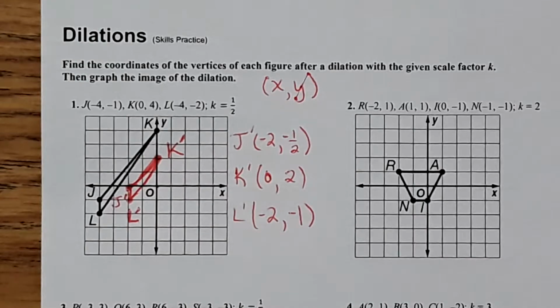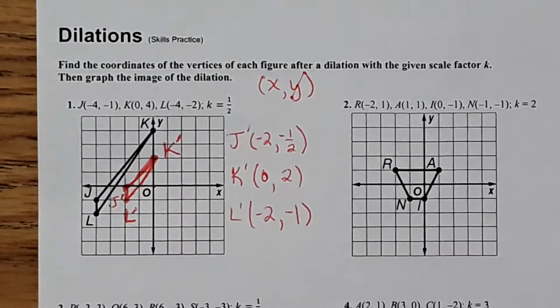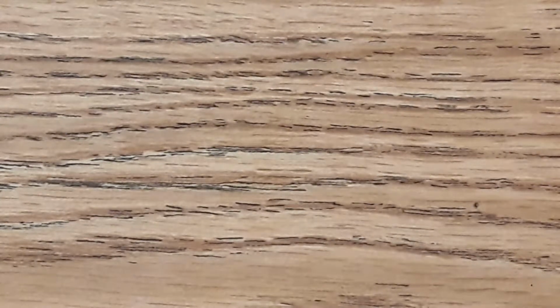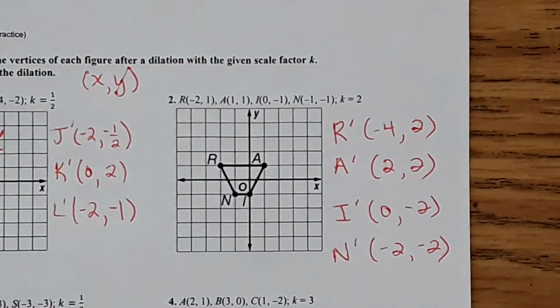So at this time, I would like for you to complete number 2 on your own. Go ahead and do that now. I'm going to take away this to give you time to do that. Okay, if you have not finished finding all the ordered pairs, please pause the video here. But checking yourself, if you've already finished, these should be your vertices for your new image.